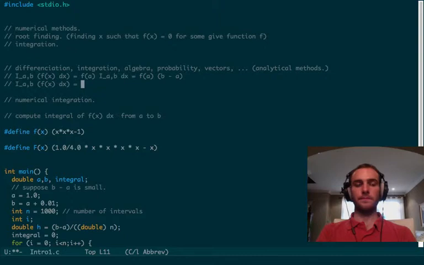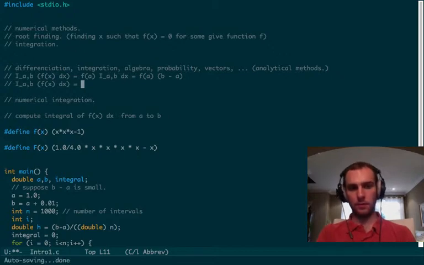Then the value of the integral is going to be, say f of x is equal to kx, right?